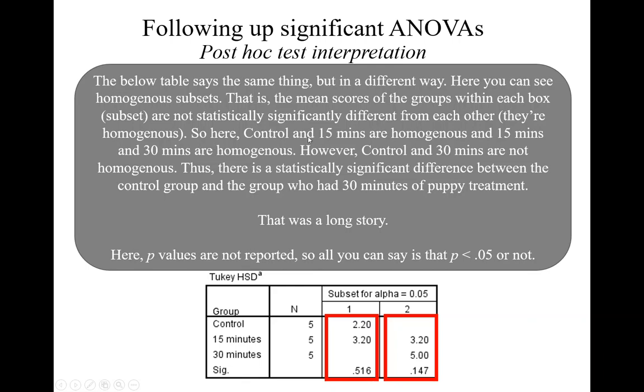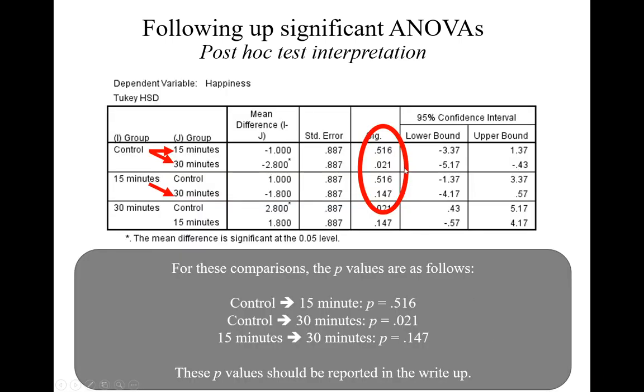So here control and 15 minutes are homogeneous, and 15 minutes and 30 minutes are homogeneous. If you look, we've got the control group here. That's just their mean score, and the 15 minutes mean score. They're homogeneous, and there's no significant difference between them. And we can see that this is the p-value between those two, and you can see it's the same p-value we have up here.